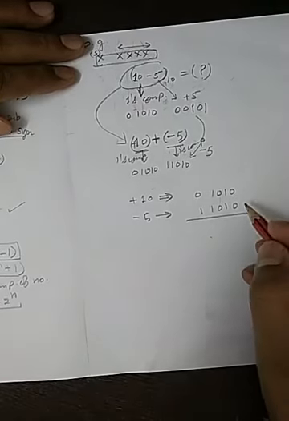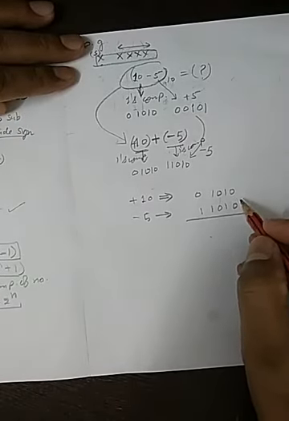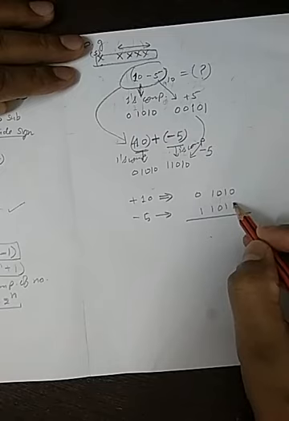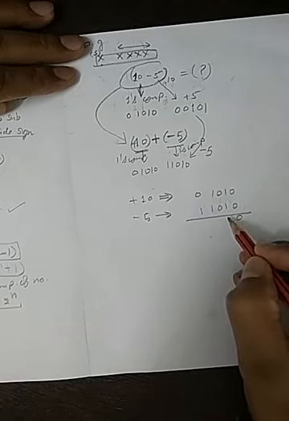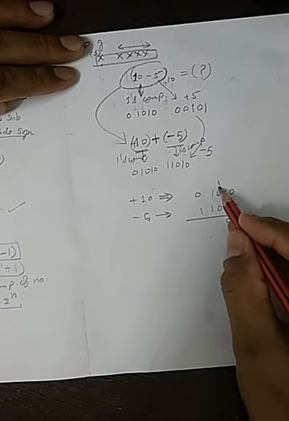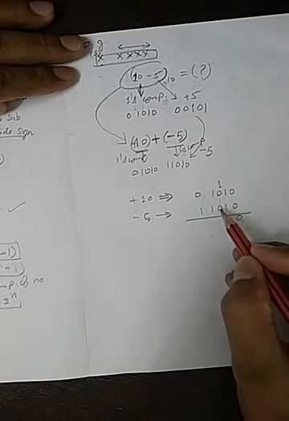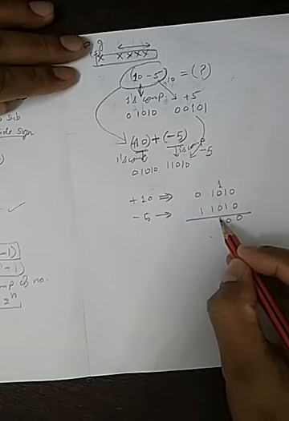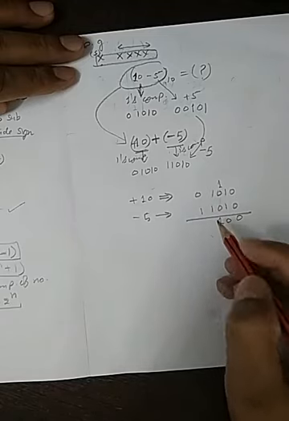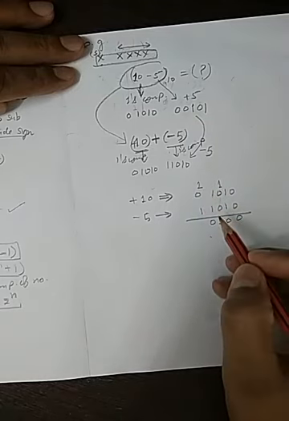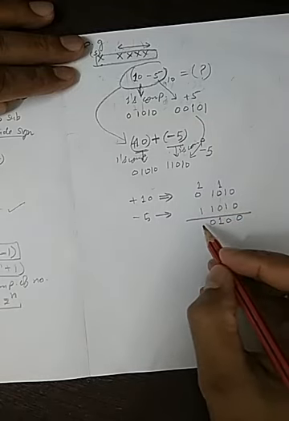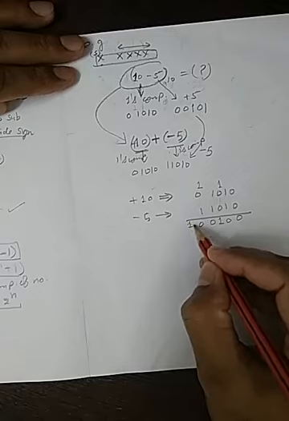That is what is happening. 0 plus 0 is 0. 1 plus 1 is 0, carry 1. 1 plus 0 is 1. 1 plus 1 is 0, carry is 1. 1 plus 0 plus 1 is 0 and carry is 1.